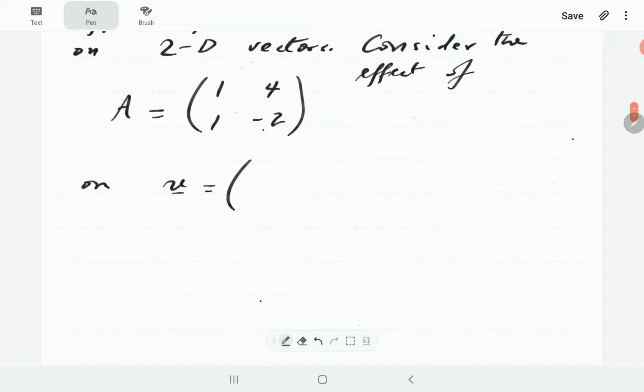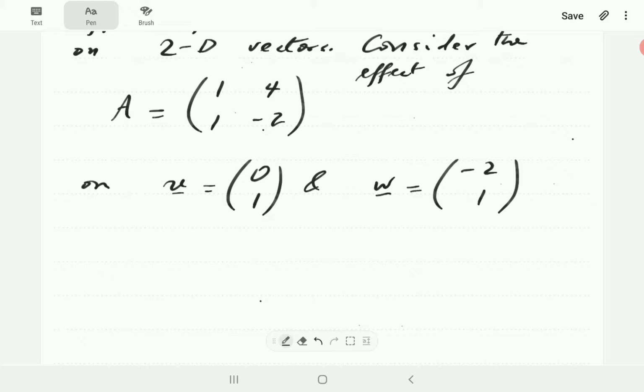Let's start with u as 0, 1, and then we're also going to do vector w. Suppose vector w is negative 2, 1.